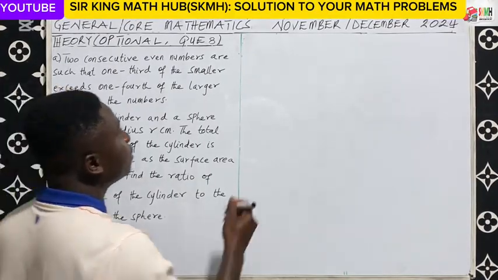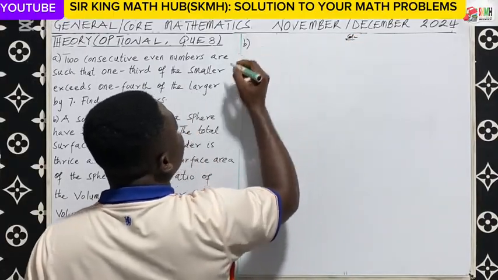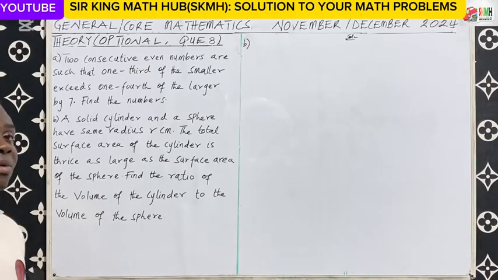Okay, so let's continue with the B. So I read, a solid cylinder and a sphere have the same radius, giving us R measured in centimeters. The total surface area of the cylinder is thrice as large as the surface area of the sphere. We have to find the ratio of the volume of the cylinder to the volume of the sphere.